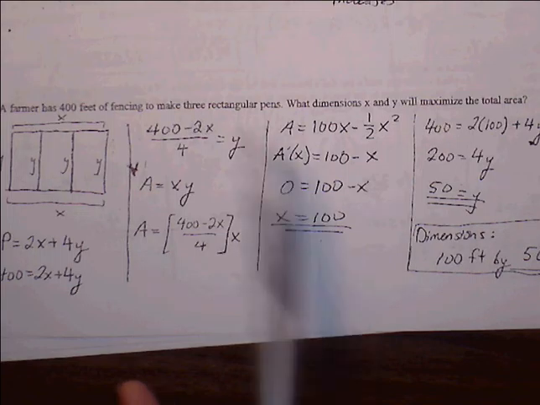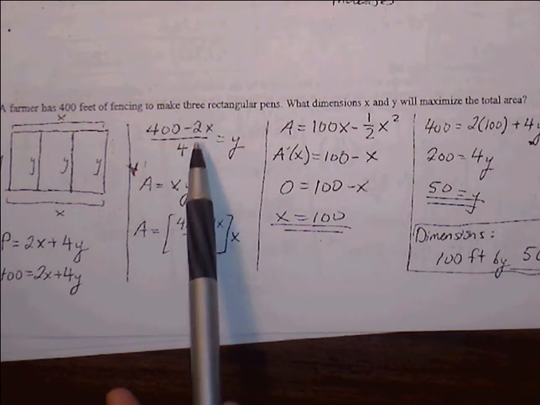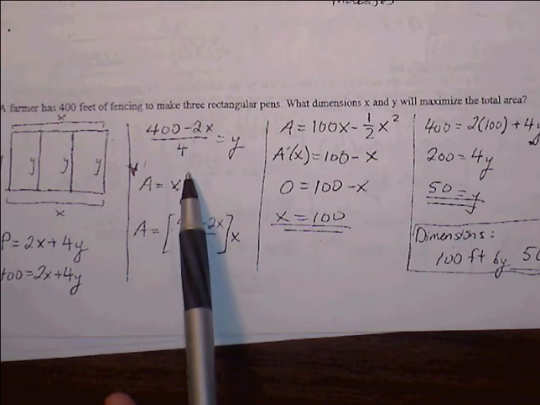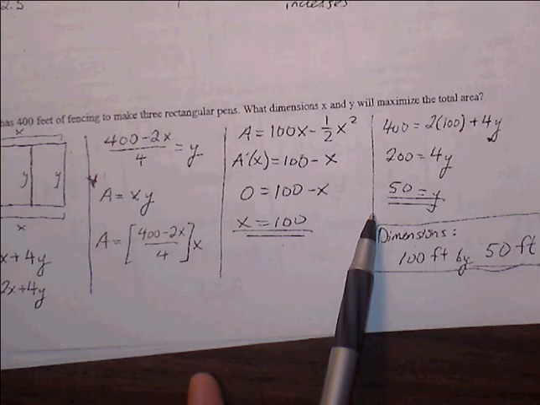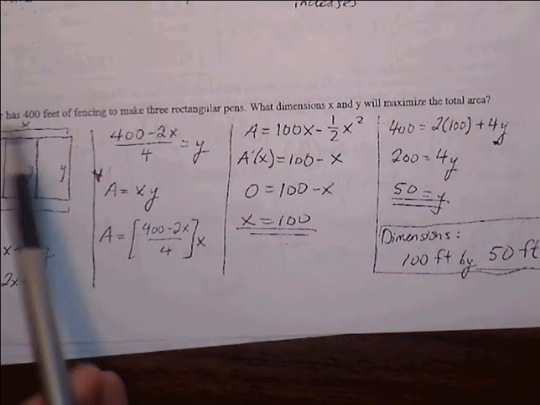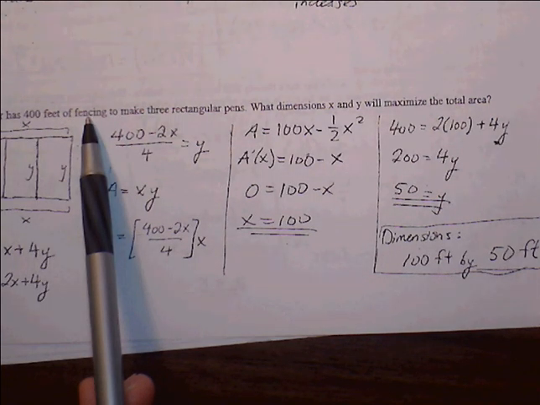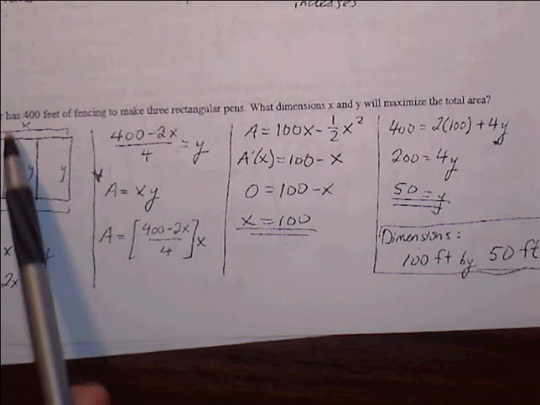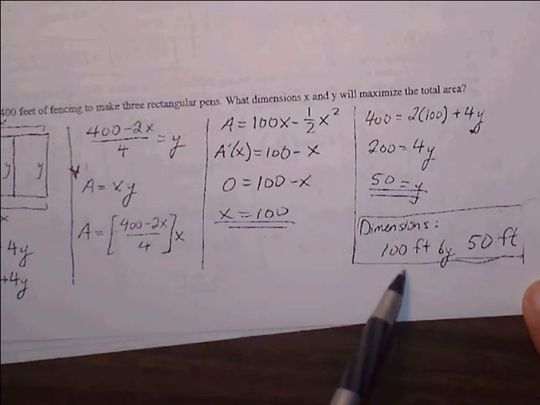So if we plug 100 in for x, we can solve for y. 400 minus 200 is 200, divided by 4, which is 50. So the optimal dimensions to create the maximum area, given the restriction of the amount of fencing and the formation that this has to create, will be 100 feet by 50 feet.